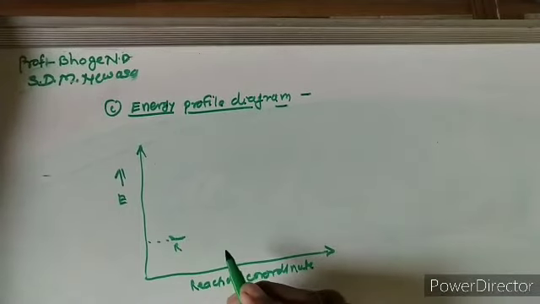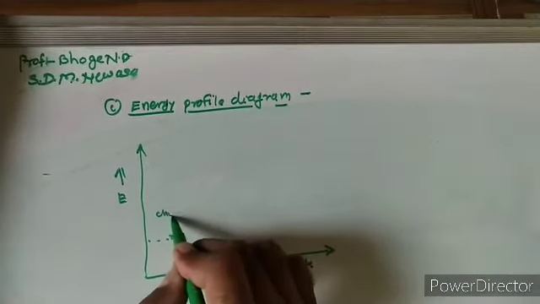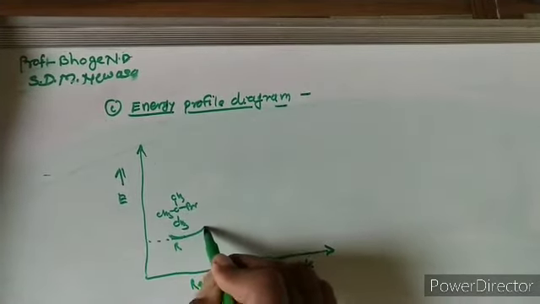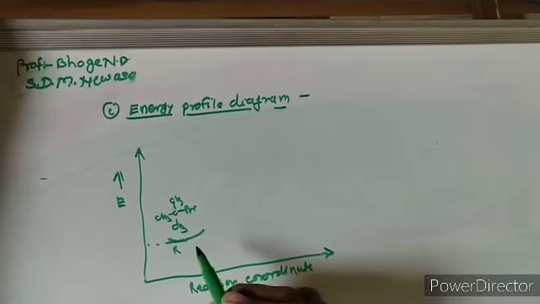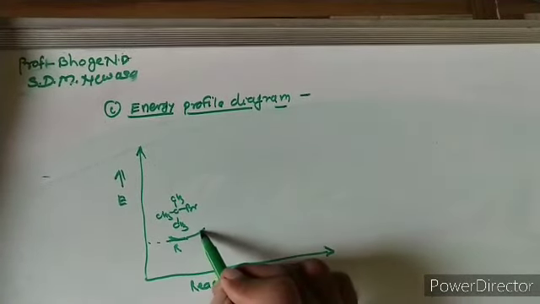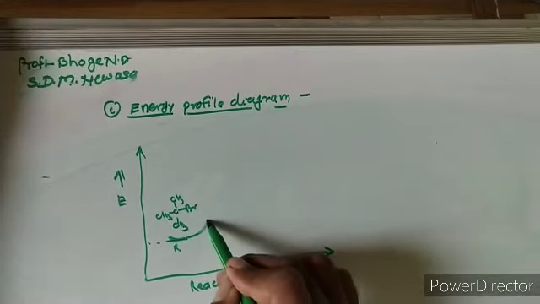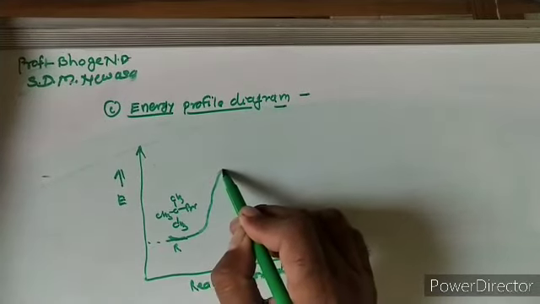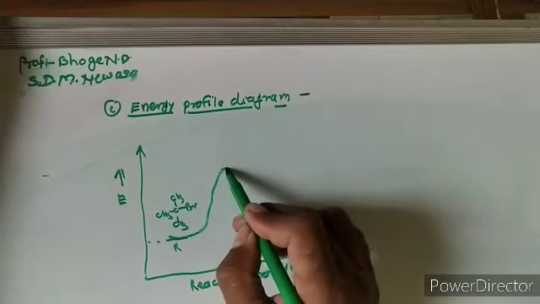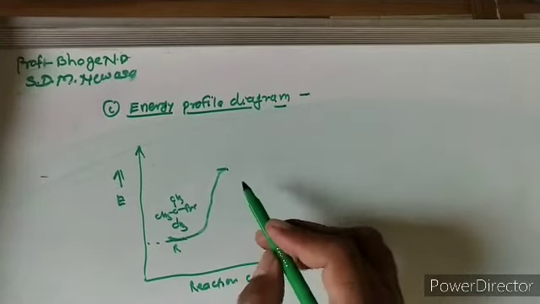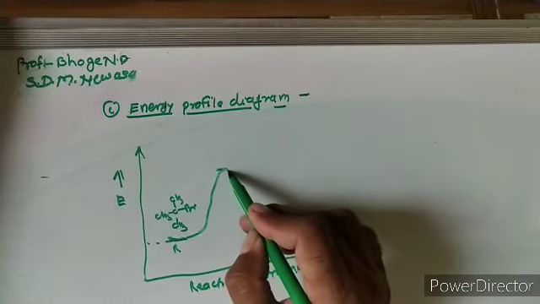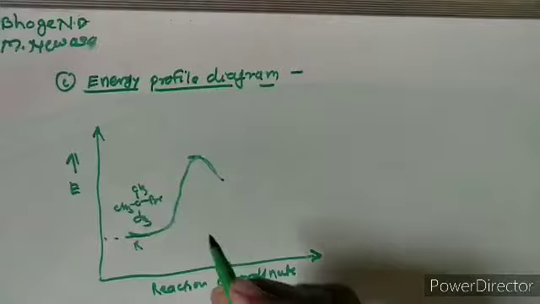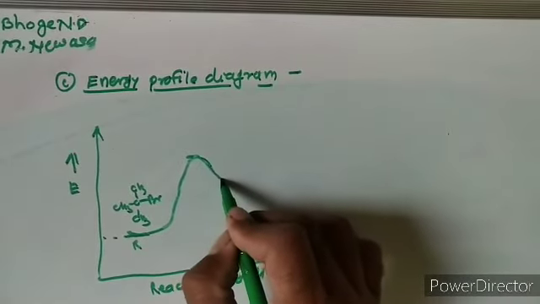The energy of the reactant is here, that is CH3Br, the reactant, having some amount of energy. If we supply energy to this reactant, there is partial breaking of the bond, so there is an increase in energy. At some point there is a highest energy, and after this point there is a slow decrease in energy.